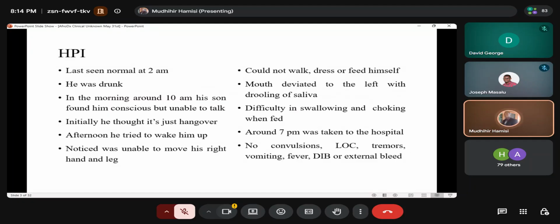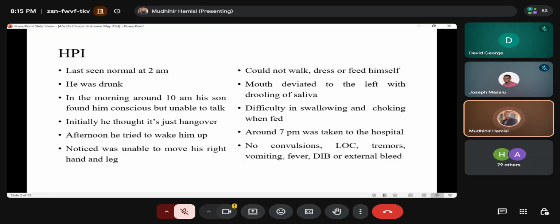At this time, the young son was alone, so he called his sister, who was at work, and the sister said, wait for me until I come back in the evening. When she came back around 6 p.m., they were still thinking of a hangover from alcohol.